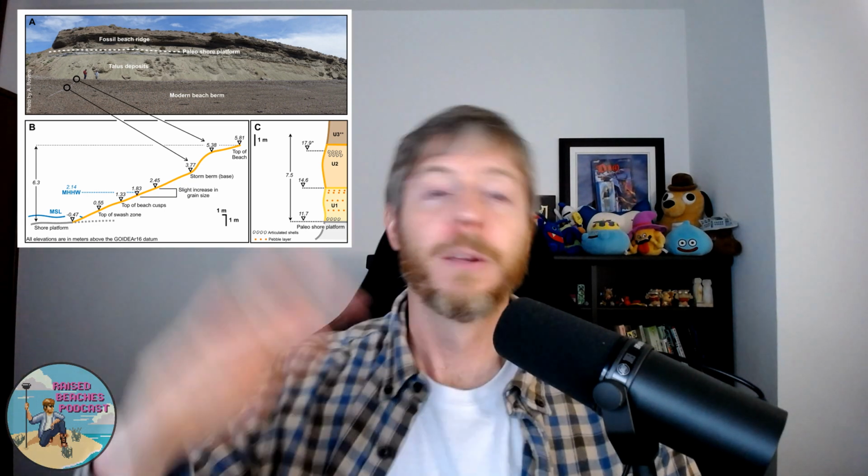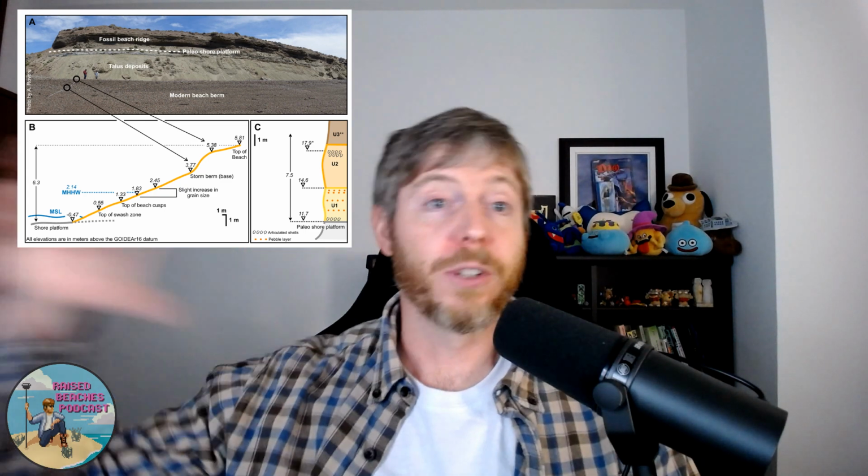So when there's a storm, the waves are higher, so it pushes material higher than the high tide level. And in places like Patagonia and Argentina, these beach ridges are very prominent, and they're full of rocks, and it's obvious that there's a lot of energy that's required to create these beach ridges.